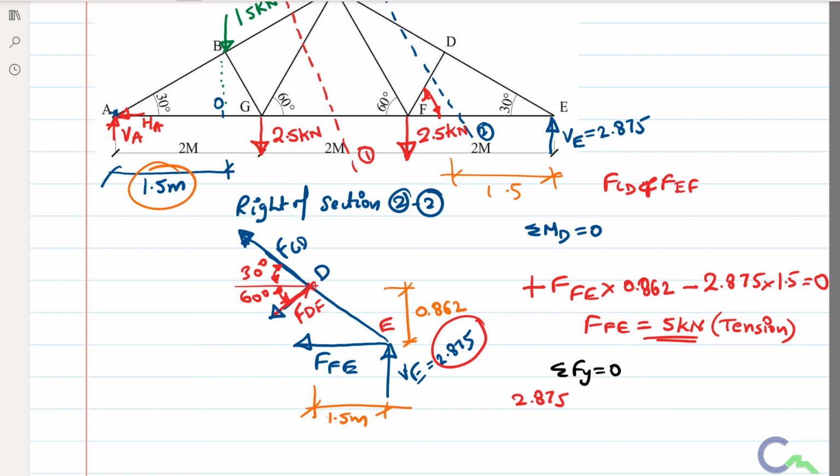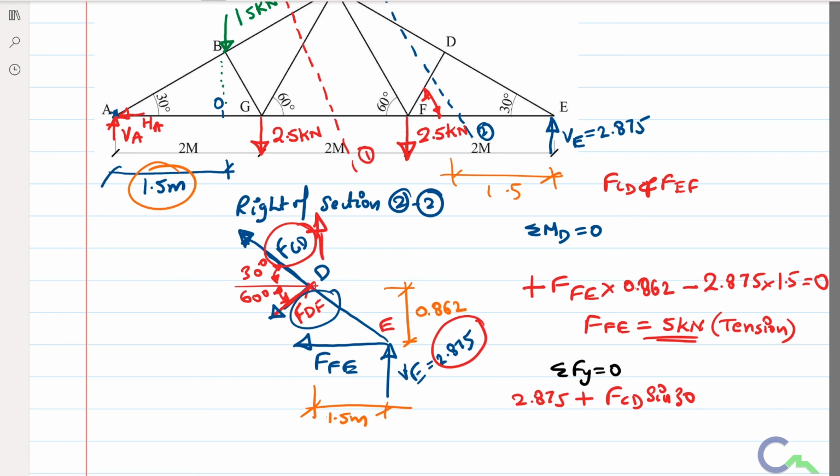Then if I resolve FCD in the y direction, the angle is given with respect to horizontal, so the vertical component will be plus FCD sine 30, upward.